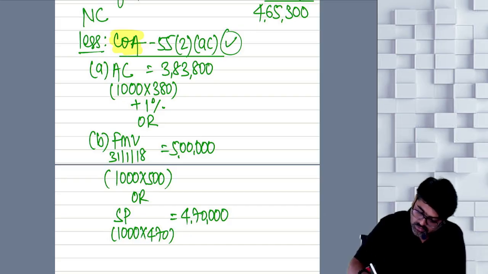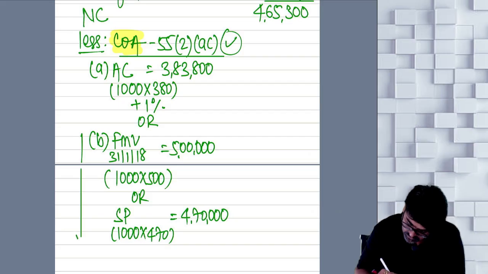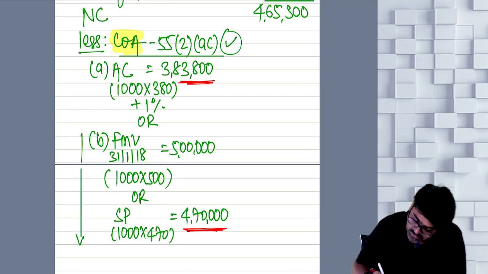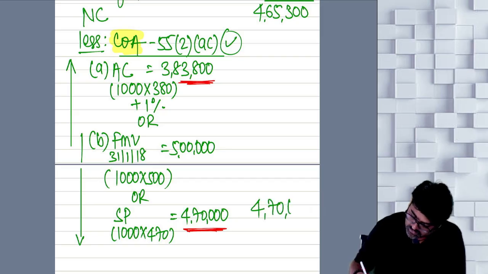Here, this or this, whichever is lower. So 4,70,000 or 3,83,800, whichever is higher. Tell me, whichever is higher: 4,70,000. Reduce that.